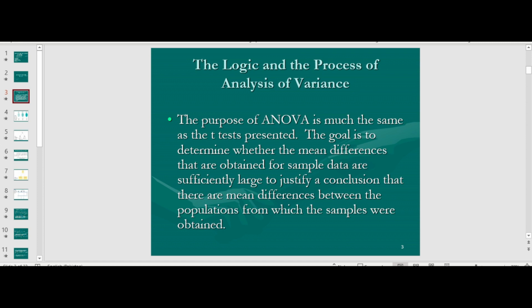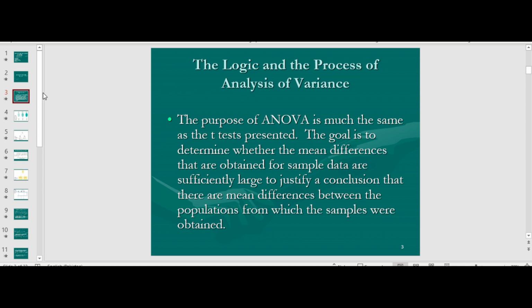Analysis of variance is a hypothesis testing procedure that is used to evaluate mean differences between more than two treatments, populations, or samples.